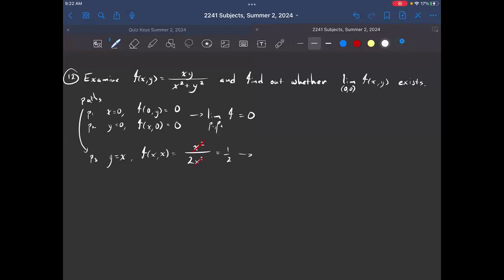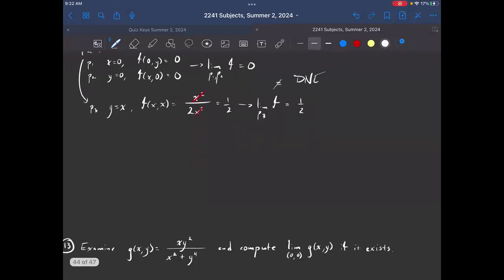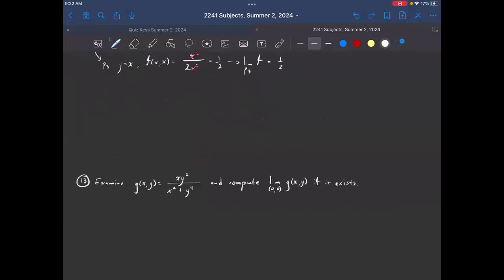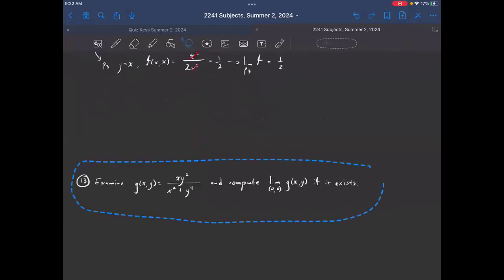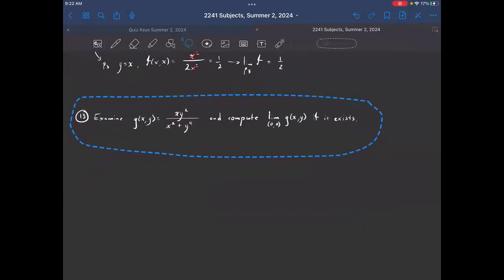And so the limit along P3 of f equals 1/2, not 0. And these two things are not equal, so the limit does not exist. Okay. So that's pretty much how those ones go. Let's look at this next one and see what happens.